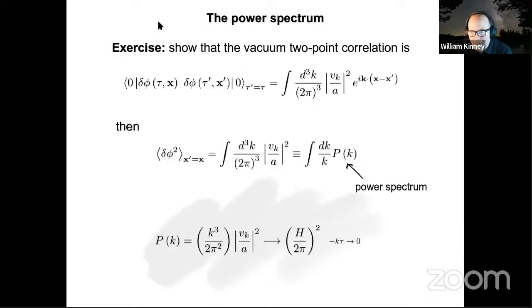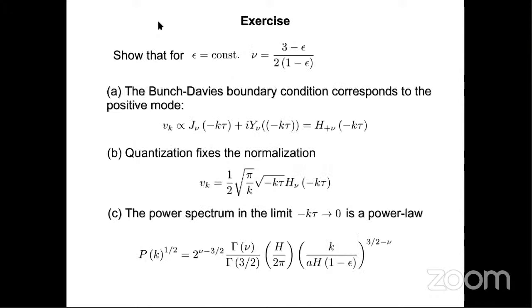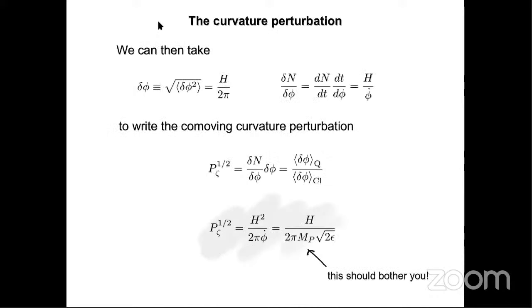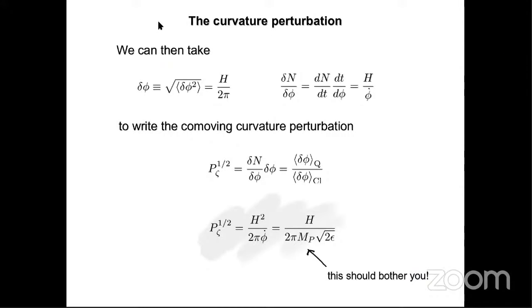We're calculating the expectation value of delta phi squared. We're calculating the 2-point function, not the 1-point function. The 1-point function vanishes. The 2-point function does not. Okay, so the definition of delta phi is the square root of the 2-point function. Okay, thank you. All right.